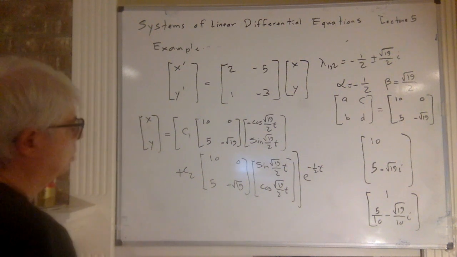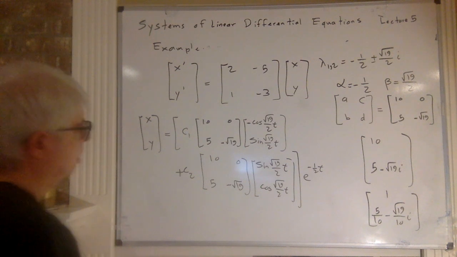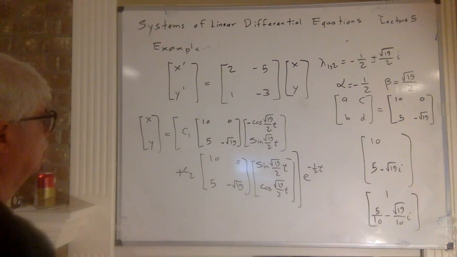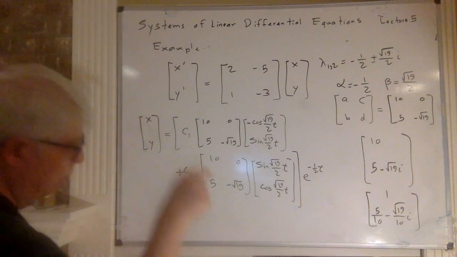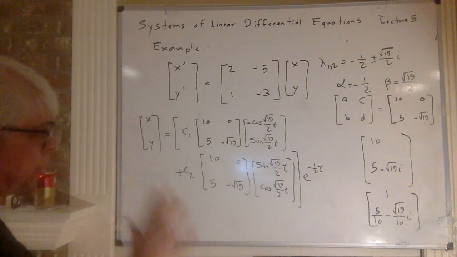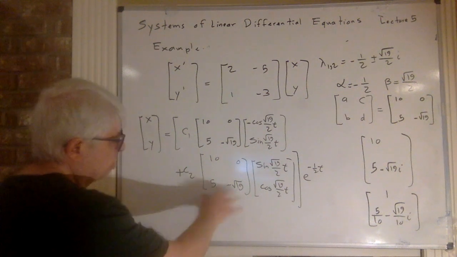You don't have to multiply. Okay? So, the way that I wrote it down was with the plus, I picked plus something. That's why I put minus square root of 19 here.